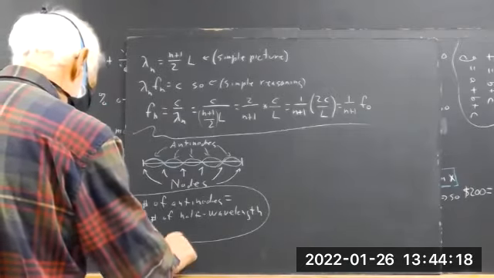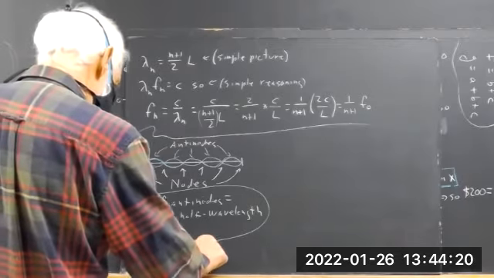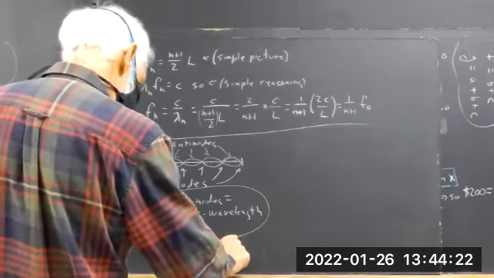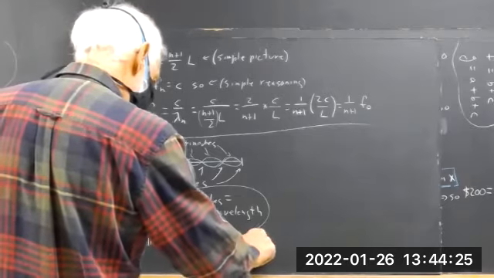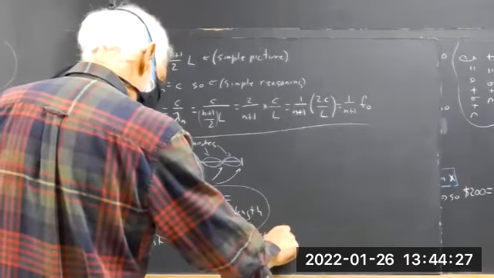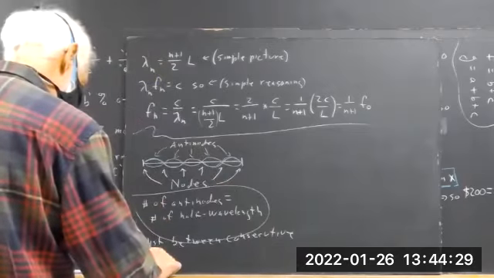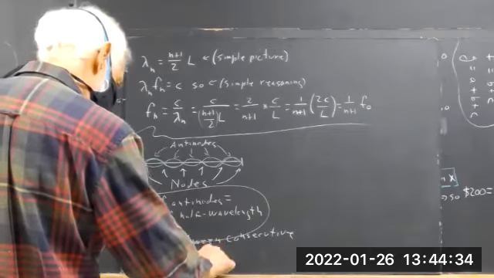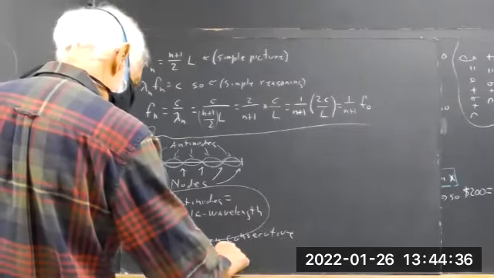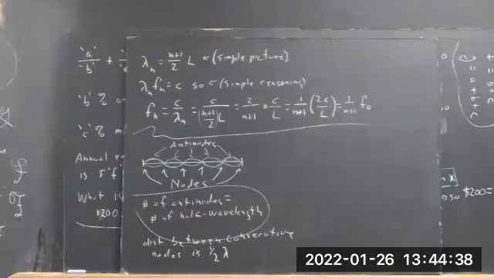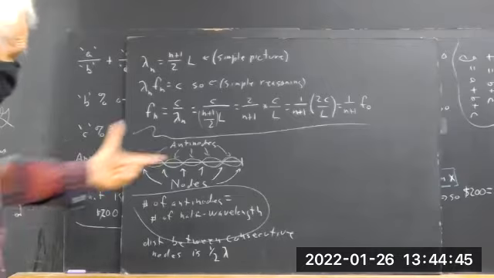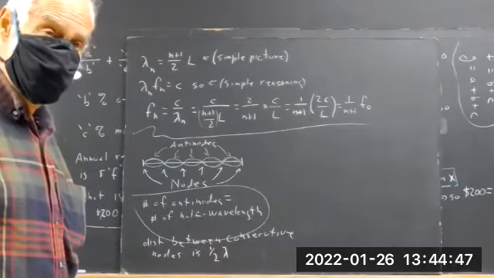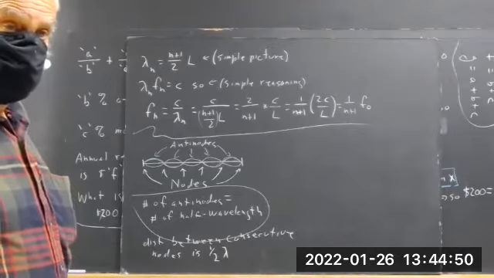So the distance between consecutive nodes is 1/2 your wavelength, whatever the wavelength is, and the frequency follows from that.